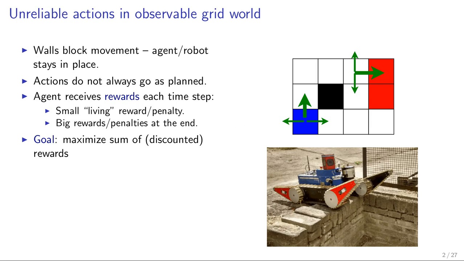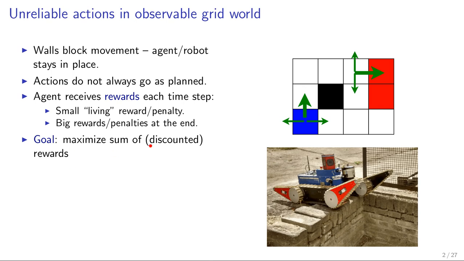This marks the uncertainty on the outcome of the agent's action. This is the key new feature compared to search: you command your agent to do something, but it may end up doing something else, and that's what complicates the problem. I think we don't need to really go into the details here.